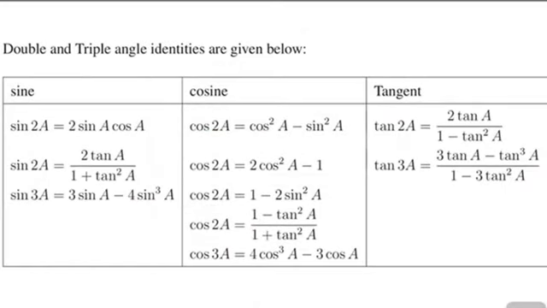So these are the double and triple angle identities we have found. Learn all the identities by heart so that you can use them while solving the problems.